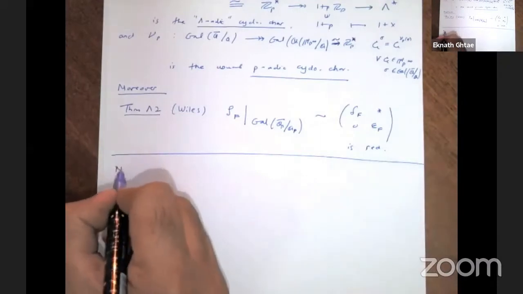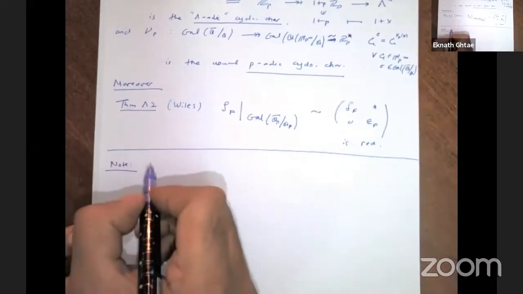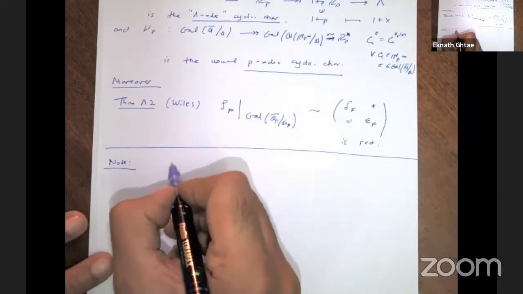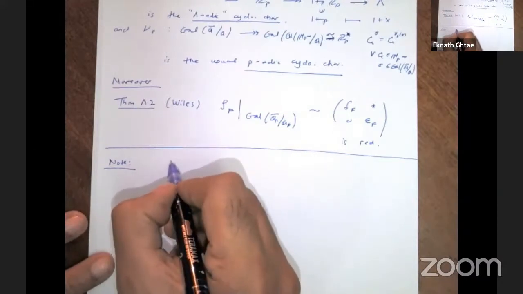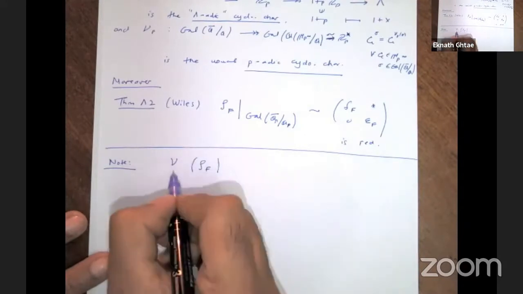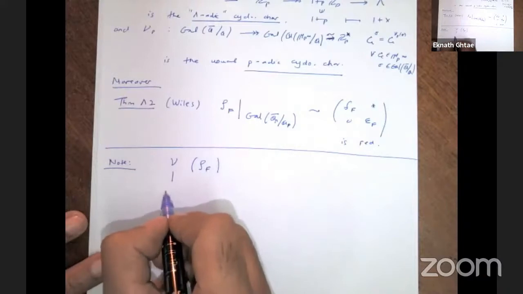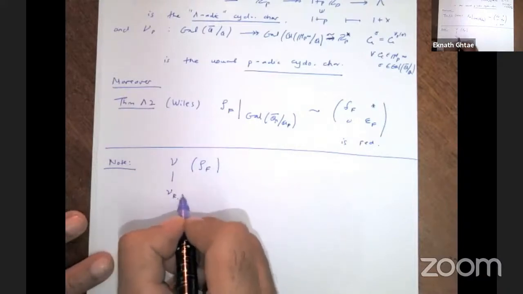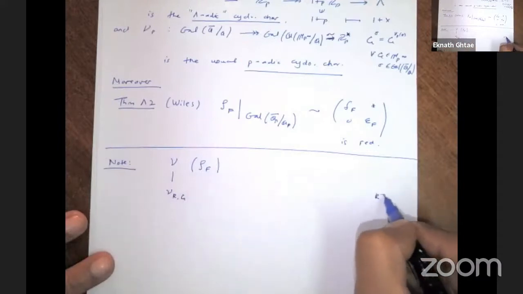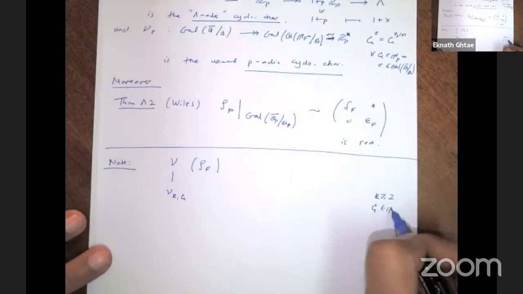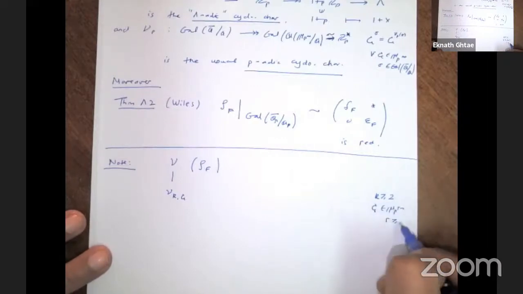So note, I'm claiming that if you specialize the Lambda-adic Galois representation at some arithmetic point, which lies above one of these classical points, arithmetic points, k greater than 2, zeta belonging to mu p r minus 1, r greater than or equal to 1.